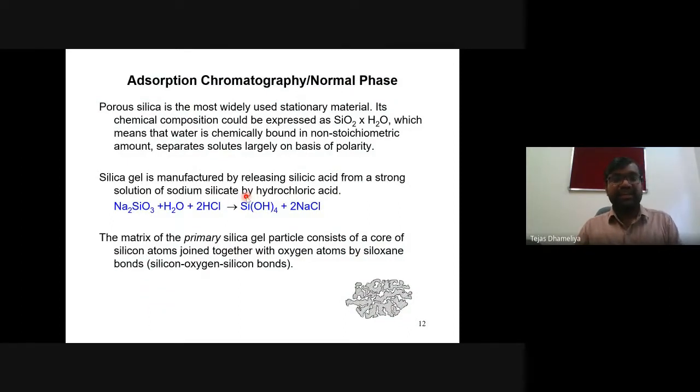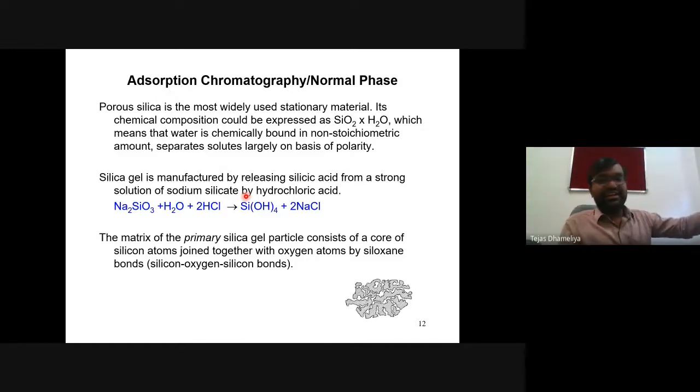Okay, then it comes to adsorption chromatography. Basically, here we are adsorbing the compounds, and these chromatographic techniques generally utilize silica gel. You have already used silica gel. This silica is generally obtained from silicic acid.